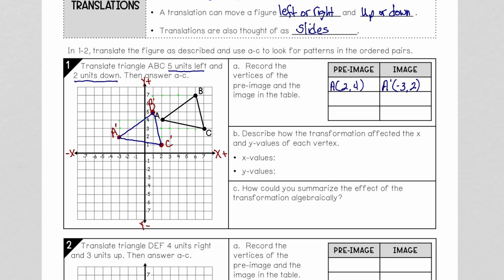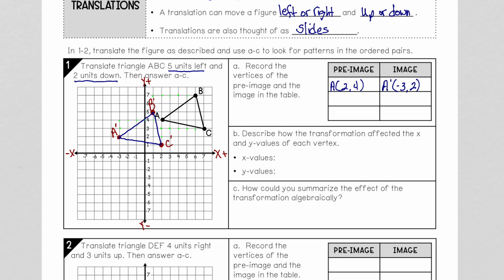And you can see that in the movement. On the original A, it was at 2 on the x, +4 on the y. After the translation, it was -3 on the x and +2 on the y.